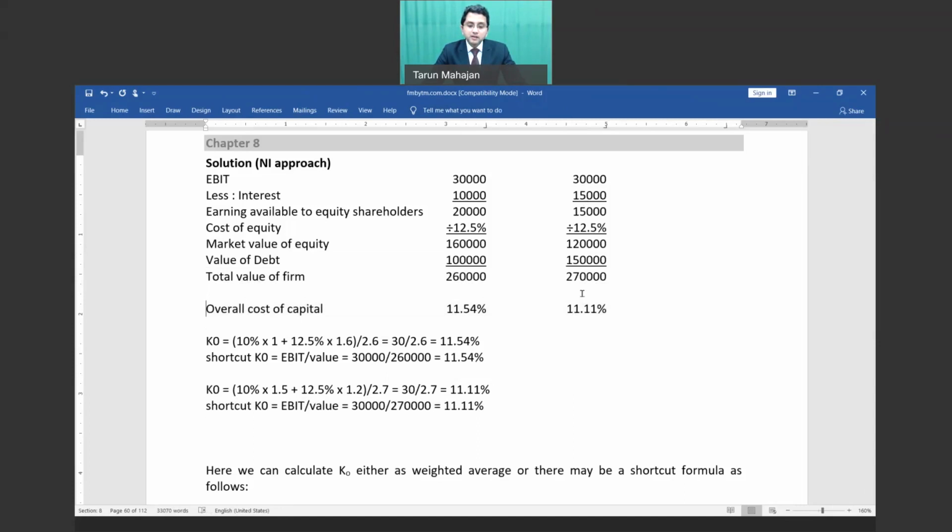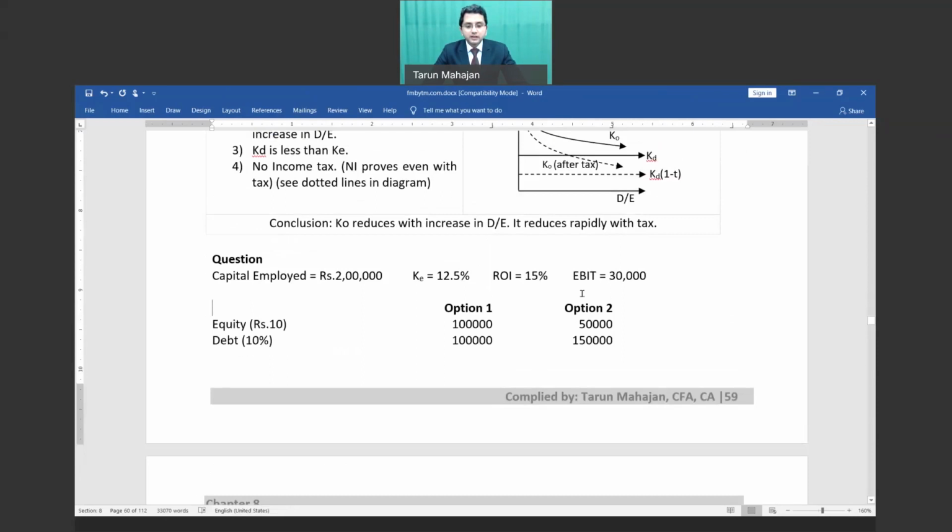When you do EBIT divided by value, in the first case, your capital is expensive, 11.54%, while in the second case, it is cheaper, 11.11%. Why is it cheaper? Because the proportion of debt in this case is higher. You see, it's 1,50,000.